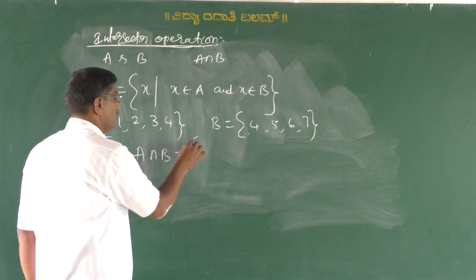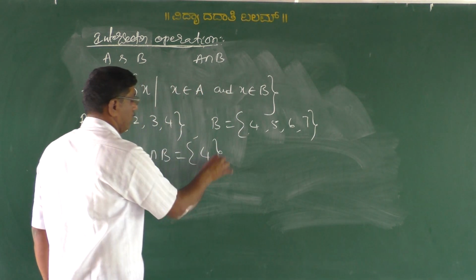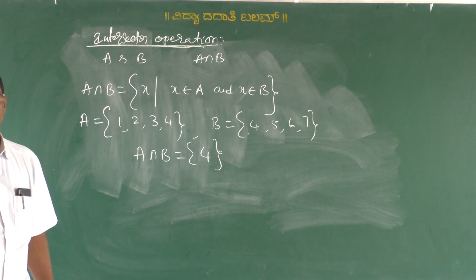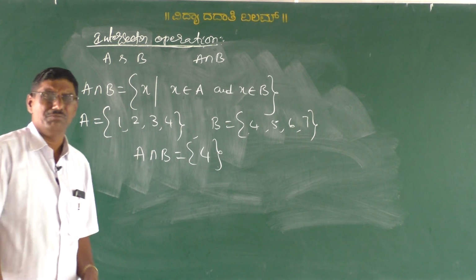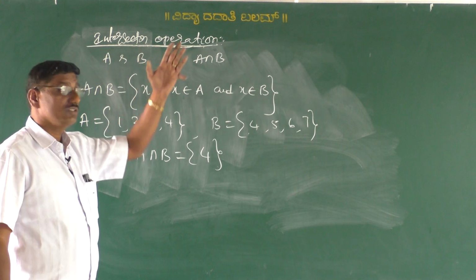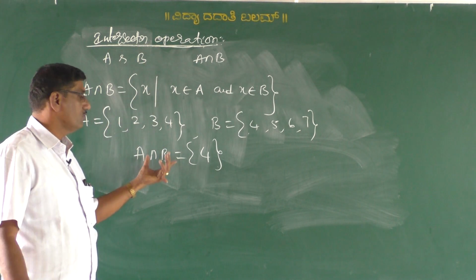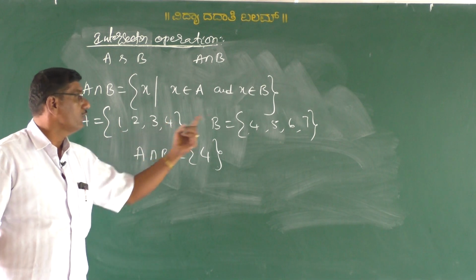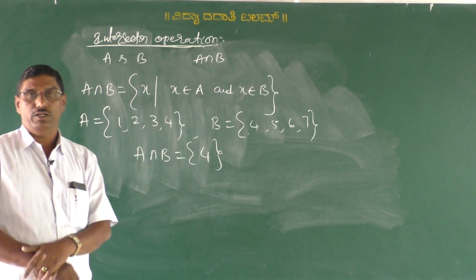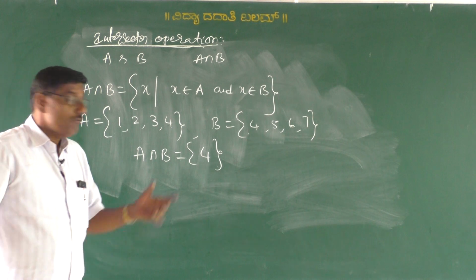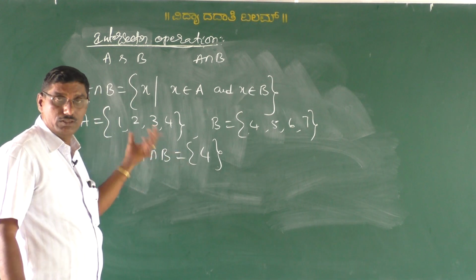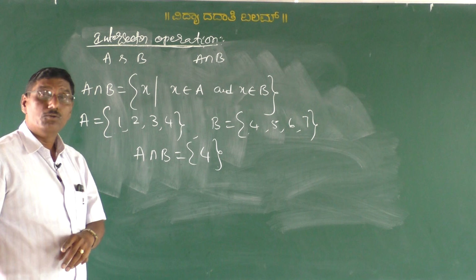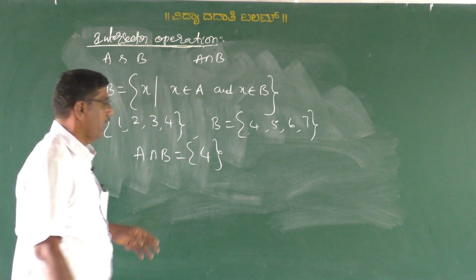That means A intersection B is only the set of 4. We can do any number of examples on intersection operation, but this is one example for you. A intersection B, we have to take only the common element. The Venn diagram of this intersection of two sets is like this.